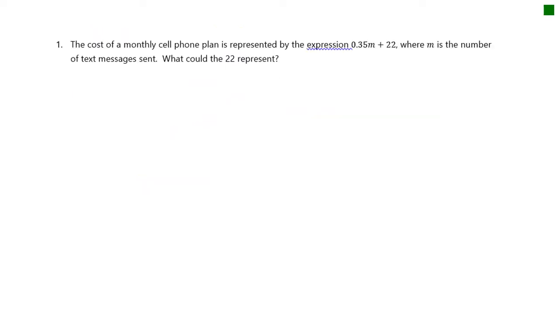Let's go to number 1. It says the cost of a monthly cell phone plan is represented by the expression 0.35M plus 22, where M is the number of text messages sent. What could the 22 represent? Well, remember y equals mx plus b, this is my equation, I'm just rewriting it.